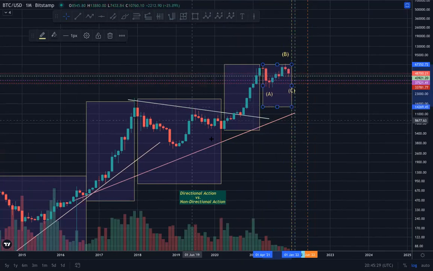That's because we compared this price action here with this sideways price action here. It's interesting.